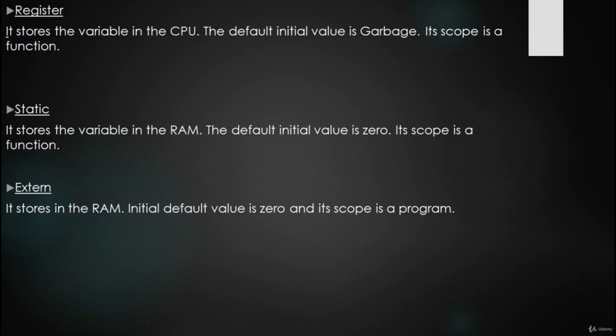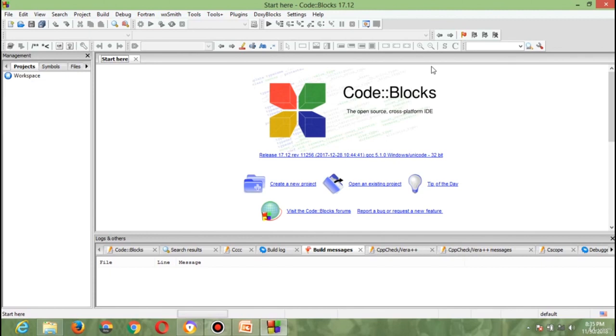The default initial value is 0. It has a scope or visibility of a function. Extern also stores in the RAM. It has an initial default value of 0.